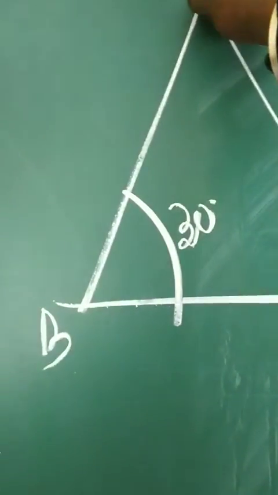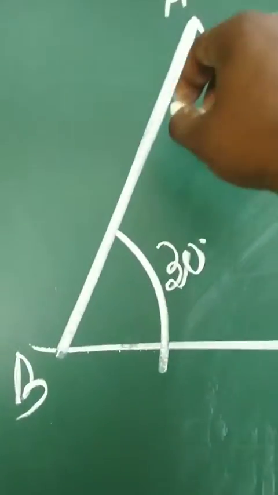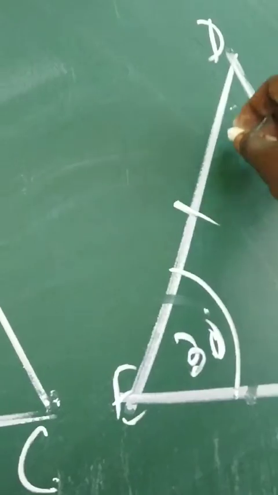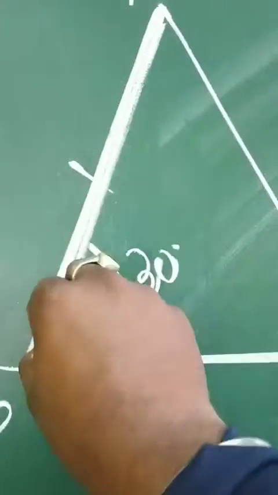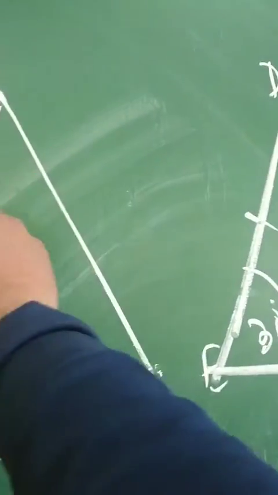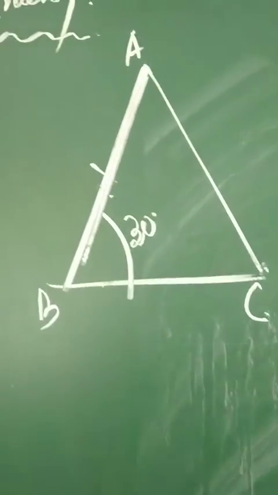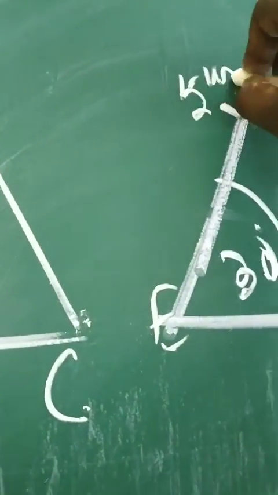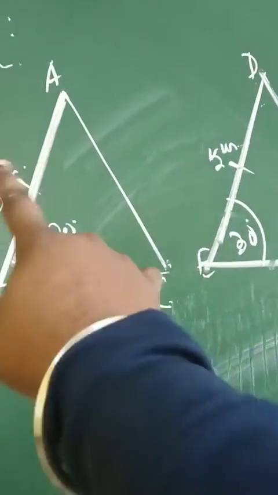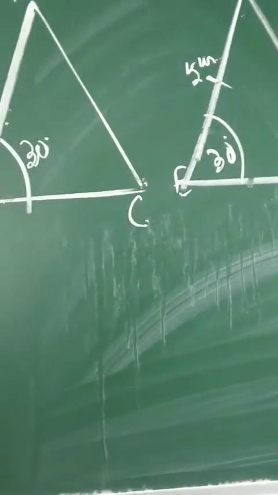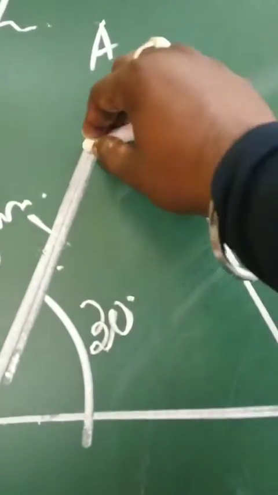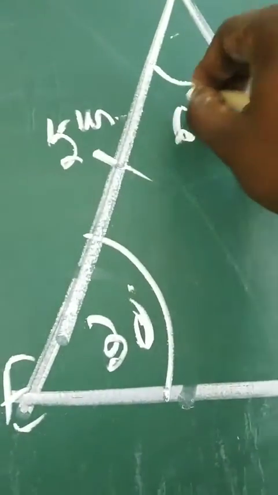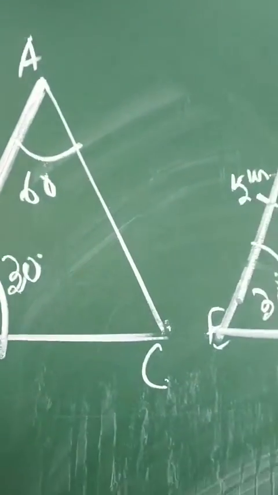Again, a pair of sides. Suppose AB is equal to the corresponding side DE of triangle DEF. If this side and this side are equal in measure, suppose this side is 5 centimeters and this side is also 5 centimeters. And a pair of angles, suppose angle A is 60 degrees and angle D is also 60 degrees. For consideration, I am taking these values.